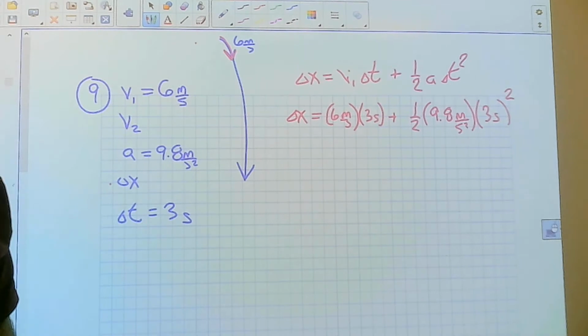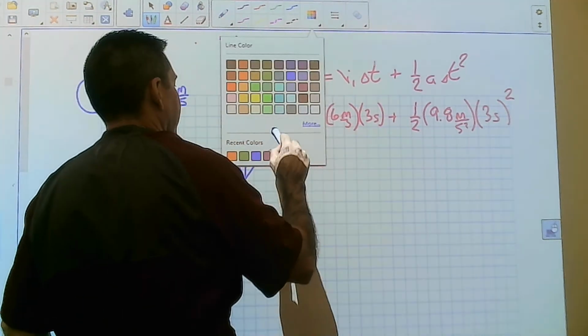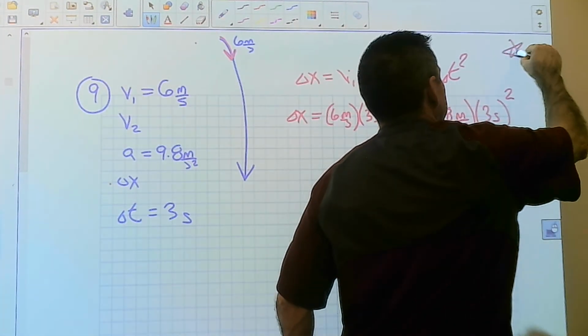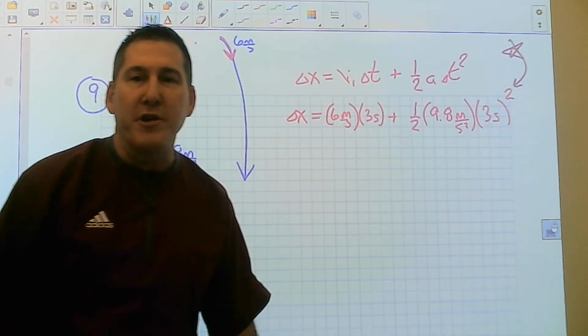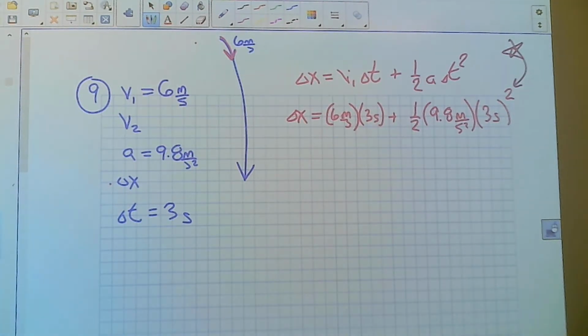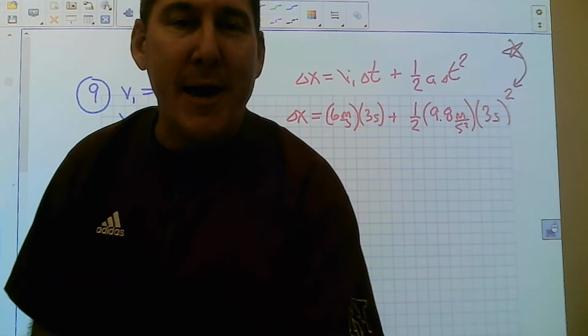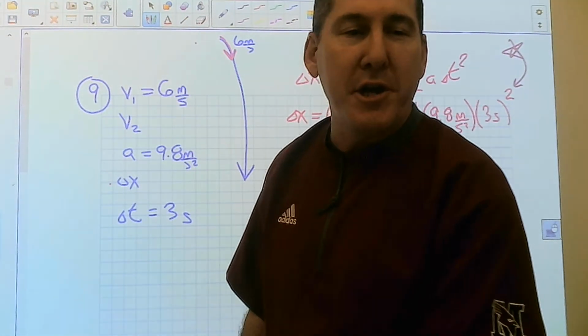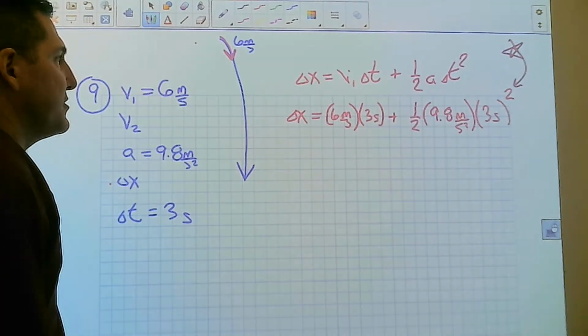Don't forget to square that 3 on the end. That's a common mistake with equation number 4, forgetting to square. So let's have you work that out on your calculator and shoot me a chat when you get the answer.